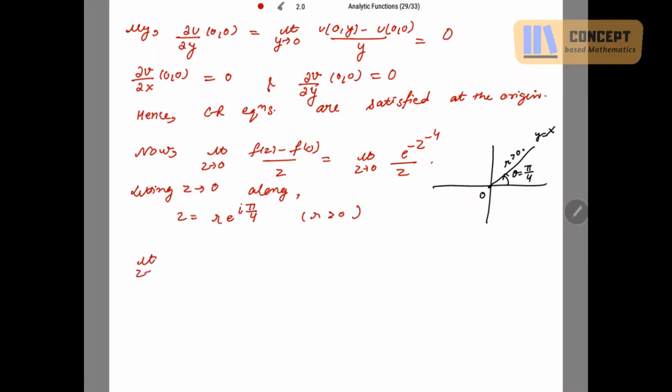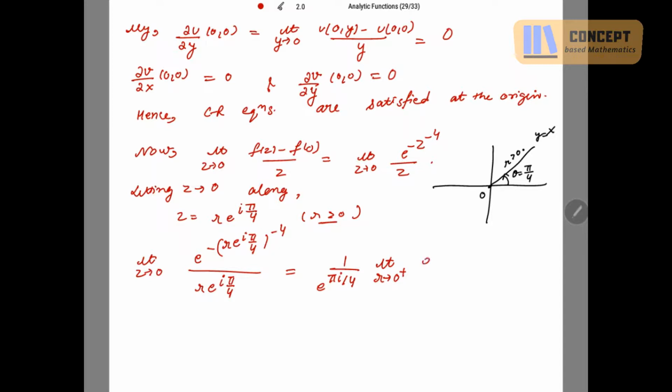So the limit z tends to 0 of e raised to the power minus (r e raised to the power iota pi by 4) raised to the power minus 4, over r e raised to the power iota pi by 4. This is equal to 1 over e^(iota pi/4), with the limit r tends to 0 positive, because r is positive, it is greater than 0.